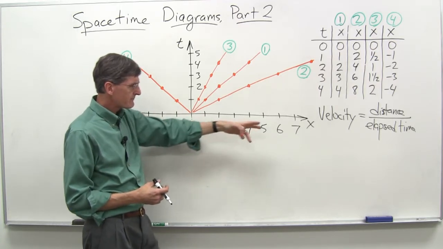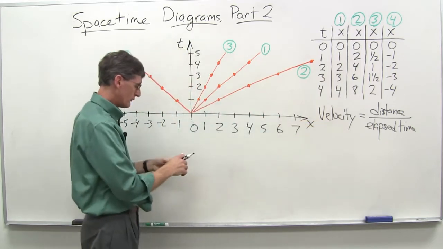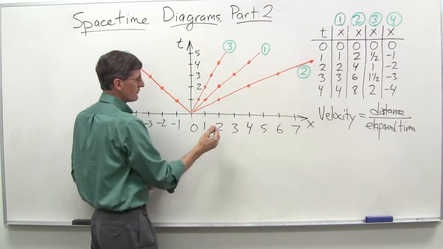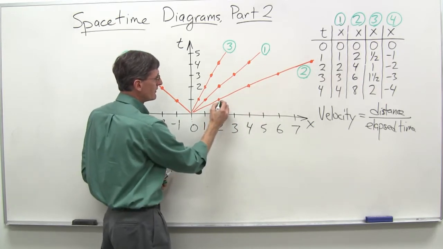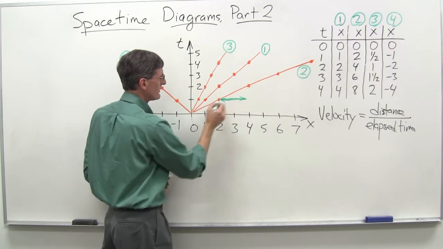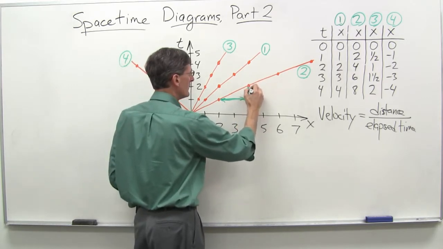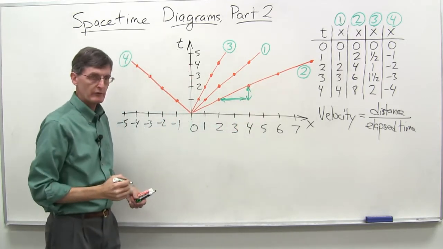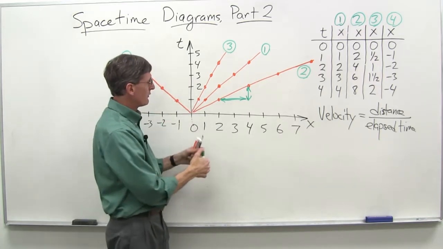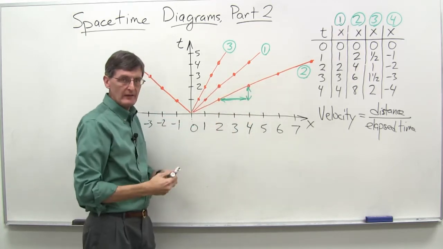We're saying, okay, velocity is distance divided by time, essentially. So let's look at number 2 here. So the distance traveled, say, from here to here. That's not a very straight line. So there's the distance traveled, and here's the time. Essentially what we're doing is distance traveled is 2 divided by the time 1.